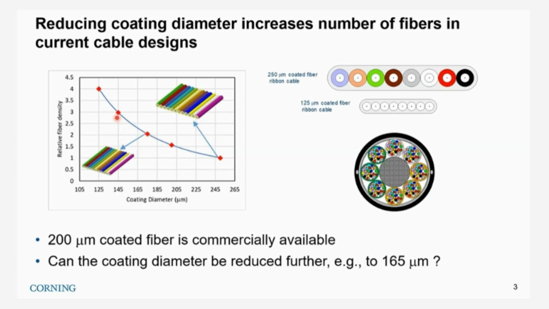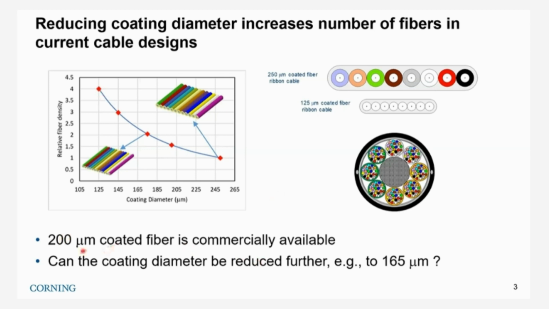If we reduce further, to 145, we can increase by a factor of 3. Of course, if we make a 125 micron coating fiber, we can increase the density by a factor of 4.